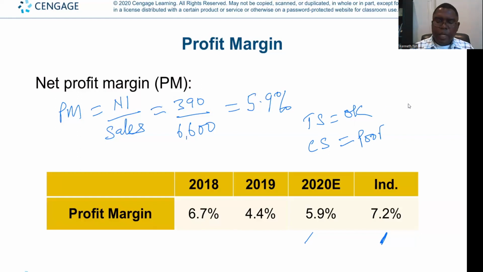So this is how we will analyze the other ratios. If we begin to see that in so many areas, or a number of areas, the company is doing poorly, then that company needs significant improvement.